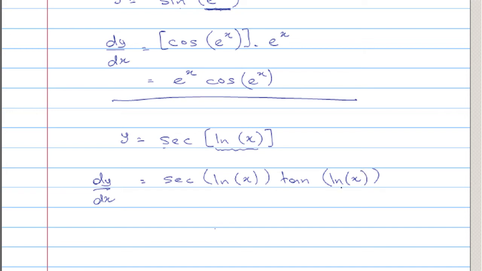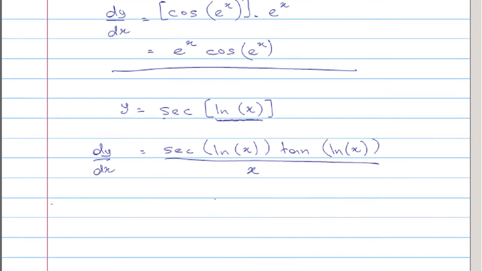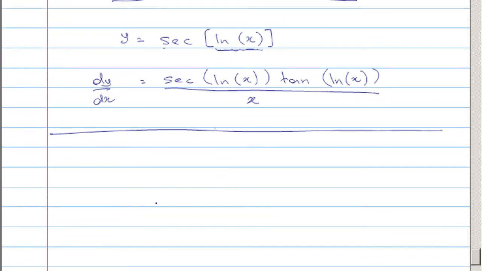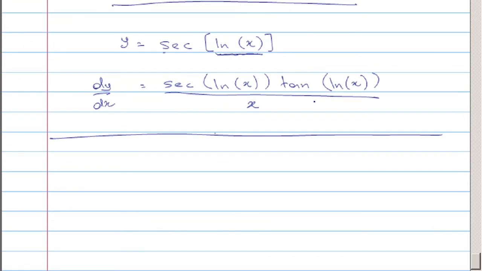And then I've got to multiply all of this by the derivative of this part. Now the derivative of ln x is 1 over x. So I could rewrite that as divided by x. So I get sec ln x tan ln x divided by x. Okay, and once again, if you want to use a t substitution, you can use t equals ln x and then proceed using the longer or detailed method for solving this.